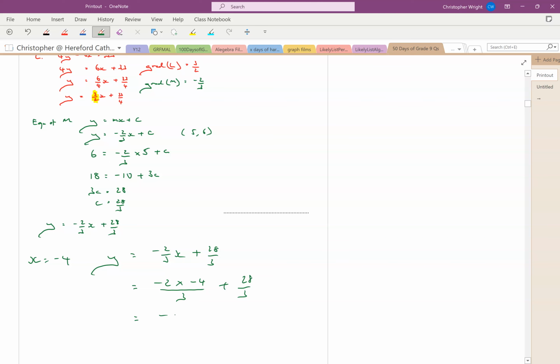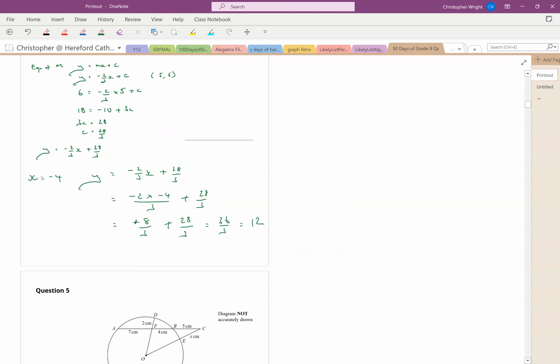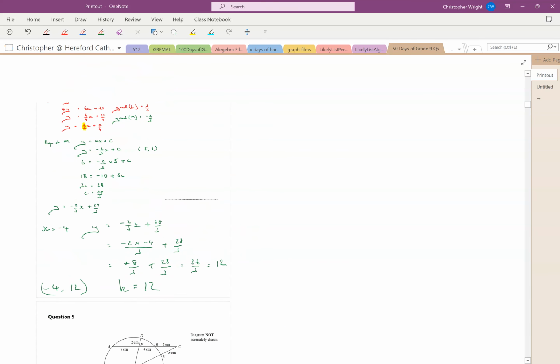So that's -8 over 3 plus 28. Sorry, it's plus 8 over 3. -2 times -4 is plus 8. Plus 28 over 3. So it's 36 over 3. It's 12. So when x is -4, y is 12. And to answer the question, k equals 12.